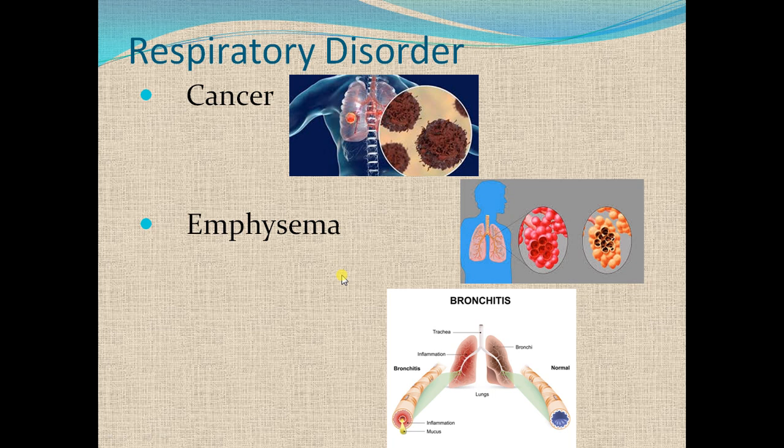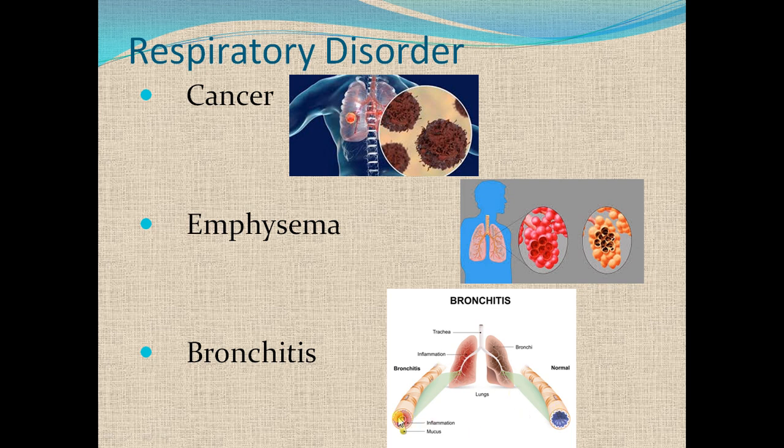The last respiratory disorder is bronchitis. Bronchitis is the inflammation of the air passages in the lungs. In this diagram, you can see an inflamed bronchus, and this is a normal bronchus.